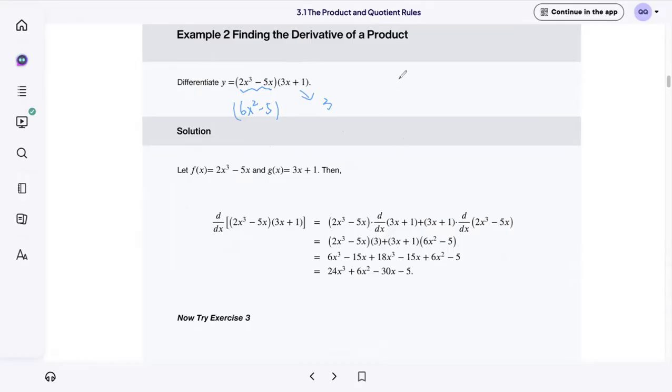Then we write the derivative of the first one, 6x squared minus 5, times the second one, plus the derivative of the second one, 3, times the first one. And that's it. Of course, we can simplify. Okay, simplify, and we should get this answer in the end.